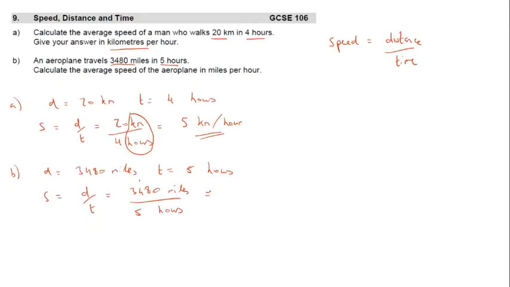If you do 3,480 divided by 5, you get 696 miles per hour. Now miles per hour is so common, it's got its own abbreviation. It's written as mph. Very easy topic, job done. Next question, please.